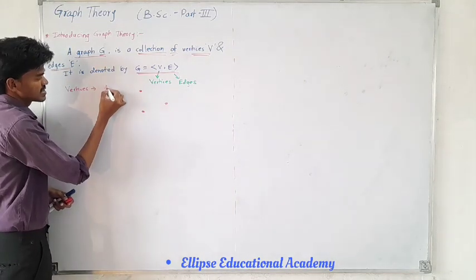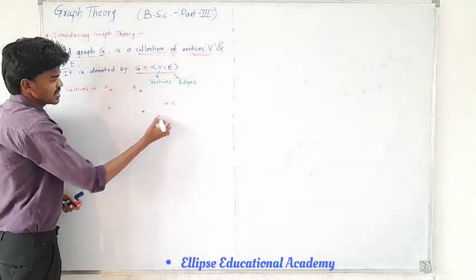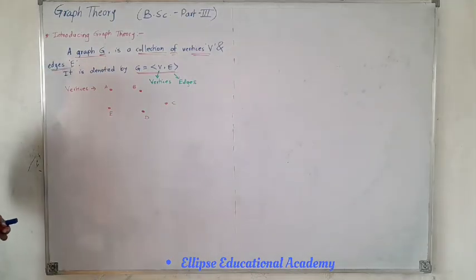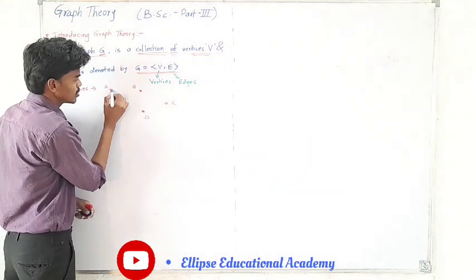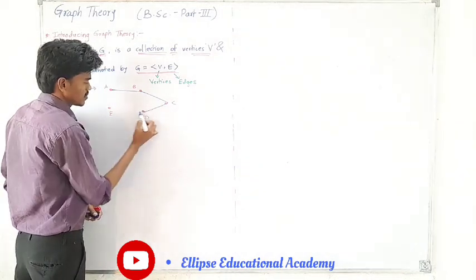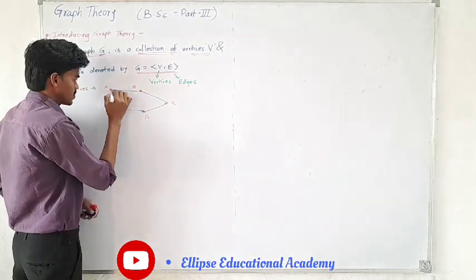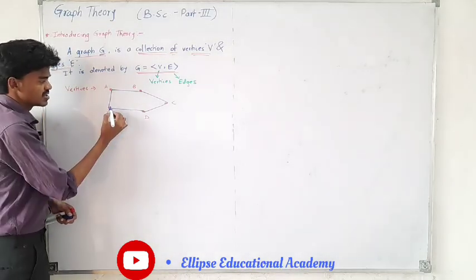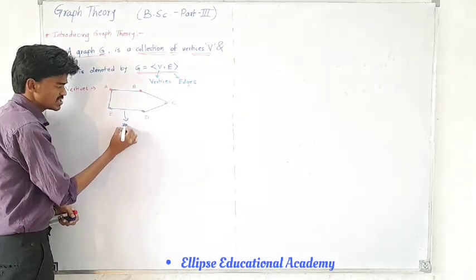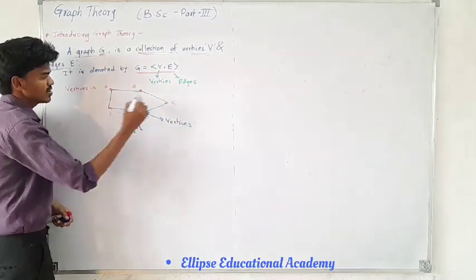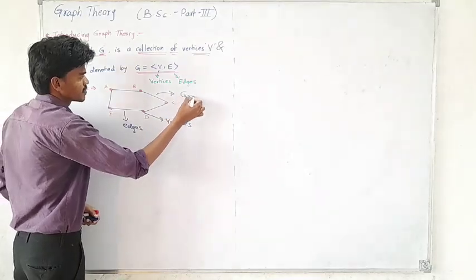Vertices A, B, C, D and E are my vertices, that means points, and edges mean lines joined by those particular vertices. This entire line is called an edge, and this whole representation is called a graph.